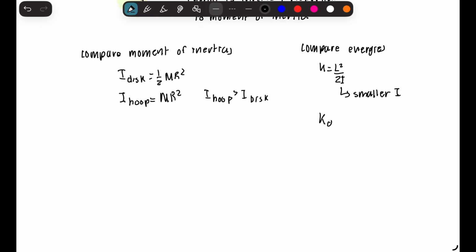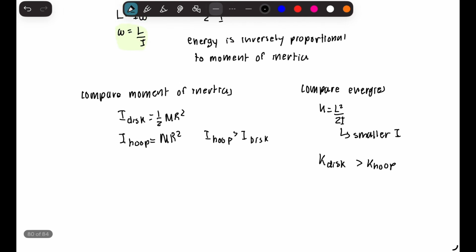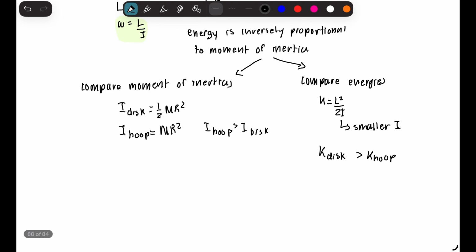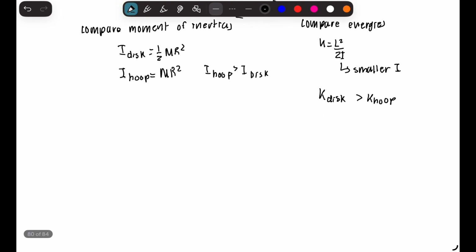That means that the K of the disk is going to be greater than the K of the hoop because the inertia of the hoop is greater than the inertia of the disk. So you can see that they're inversely proportional in this relationship, because a larger inertia makes that fraction smaller.